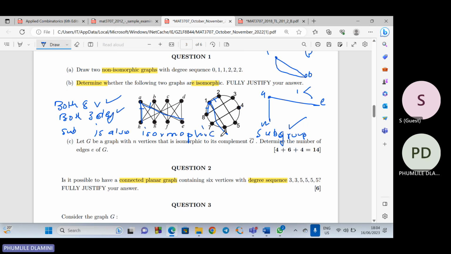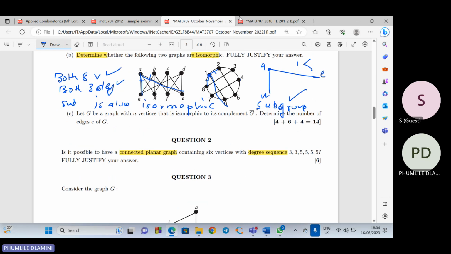This is also isomorphic. There's something I will say now so that you remember. When we talk about a subgroup, I think I didn't give you the proper definition.